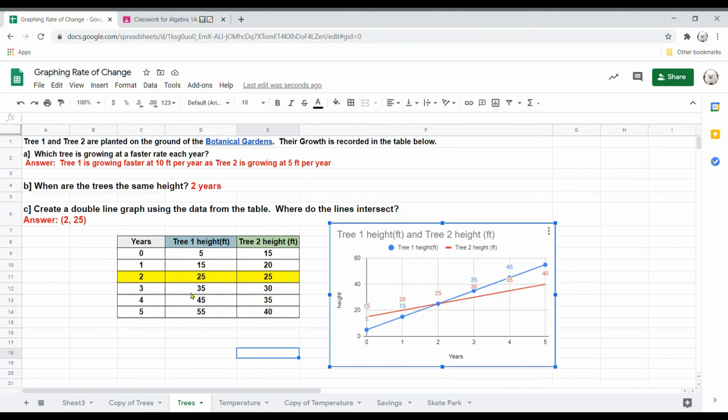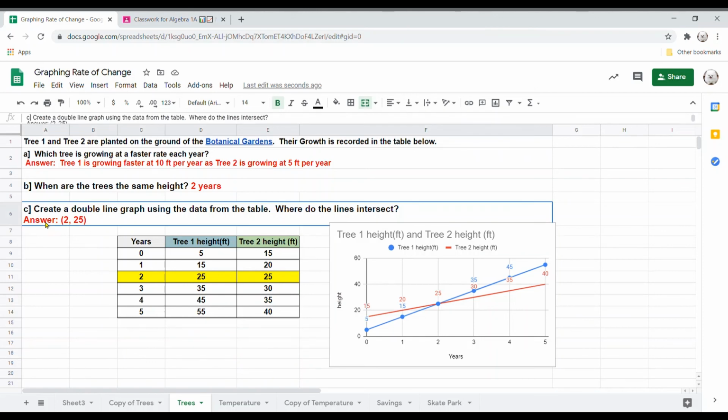So each point on the graph is going to correspond with our table. You're going to make sure that you complete each question, okay, A, B, and C. So don't forget when you are asked where the intersection line is, that you make sure that you are answering that question with coordinates.